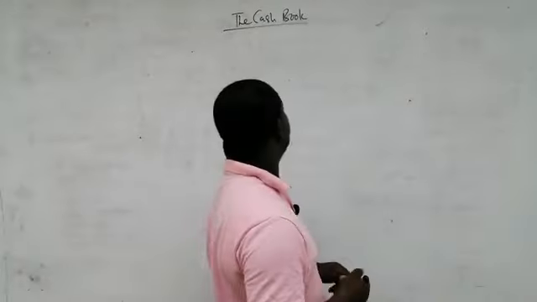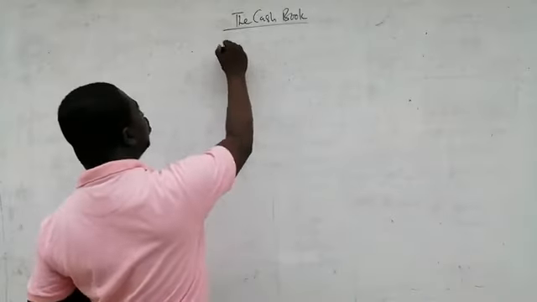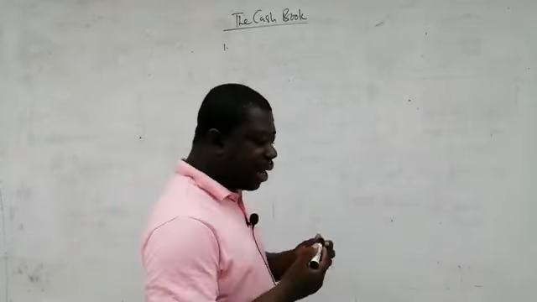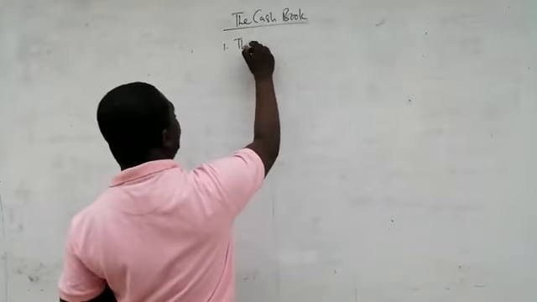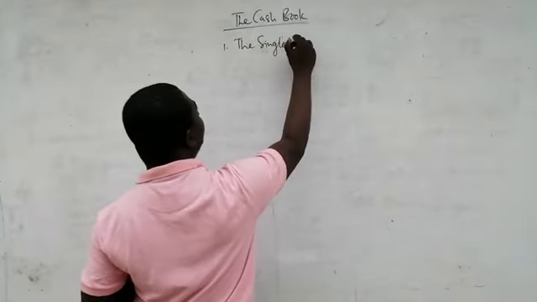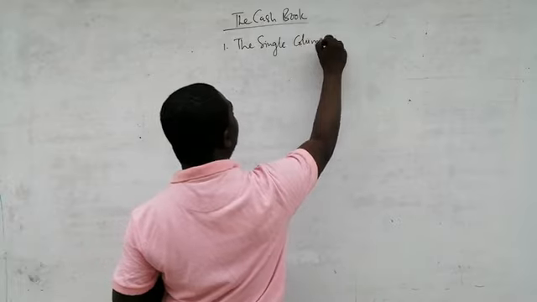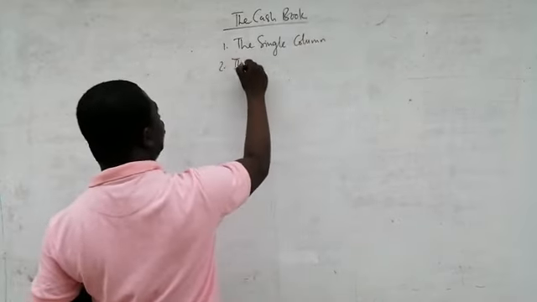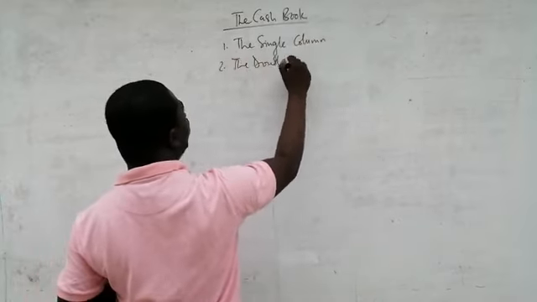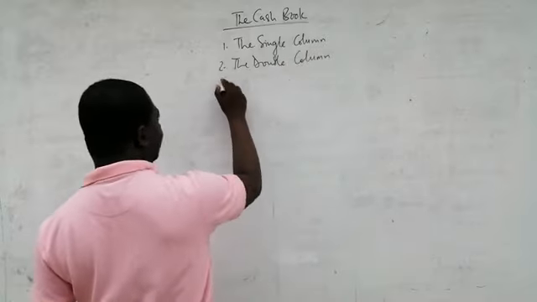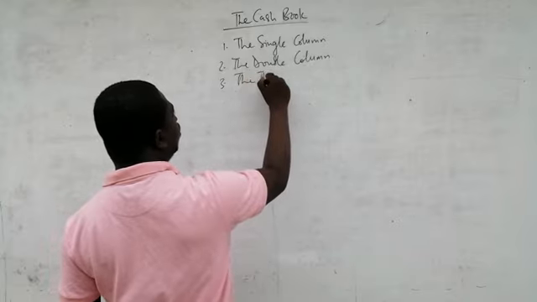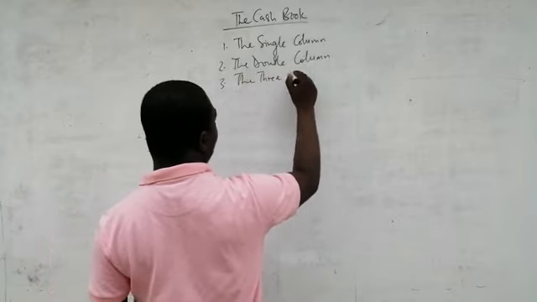I want to repeat again that we are going to talk about three different main levels of the cash book. The main cash book has the single column cash book, and then we have the double column cash book, which is also called the two column cash book, and then we have the three column cash book, which is the triple column cash book.